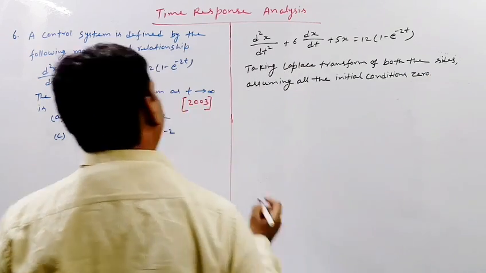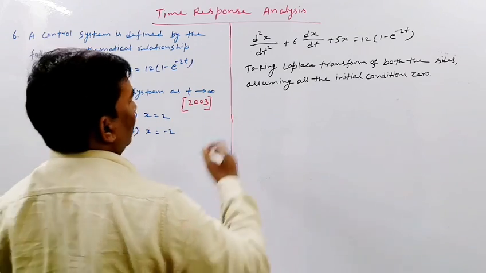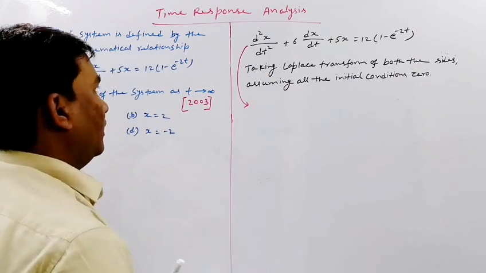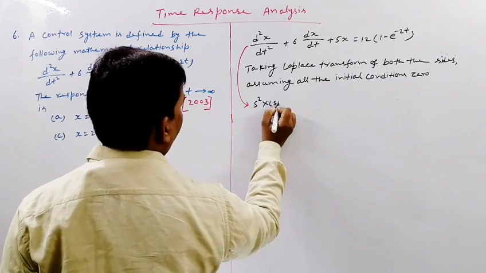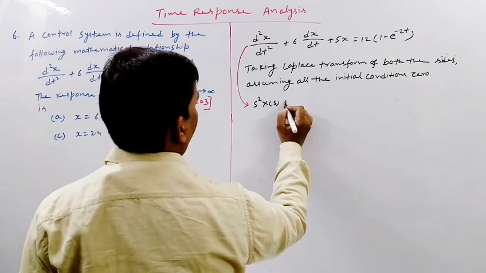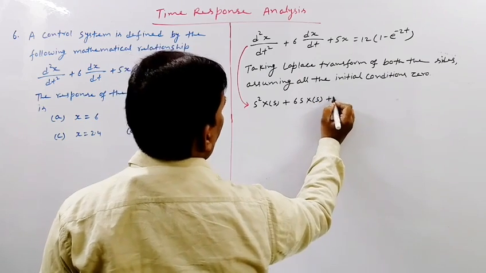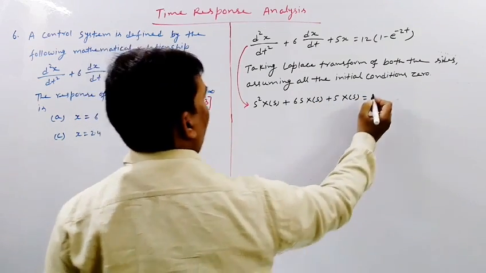So what will happen here? For d2x by dt square, the Laplace transform will be s square X(s), where X(s) is the Laplace transform of this small x, plus 6s X(s) plus 5 X(s), and here 12.